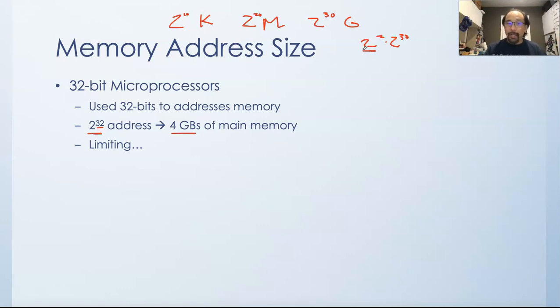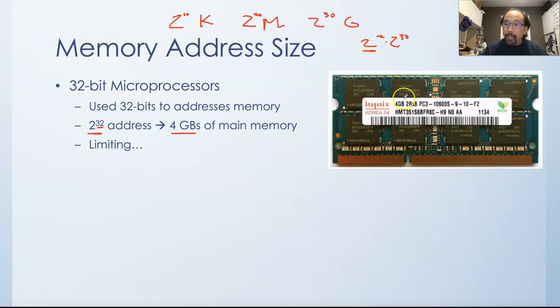There was a time when we never thought we would need 4 gigabytes of memory. But actually, we do, and we need even more than that nowadays. Here is a picture of a memory module that is 4 gigabytes big. To access more than 4 gigabytes, if I want 16 gigabytes in my PC, I need more address bits.